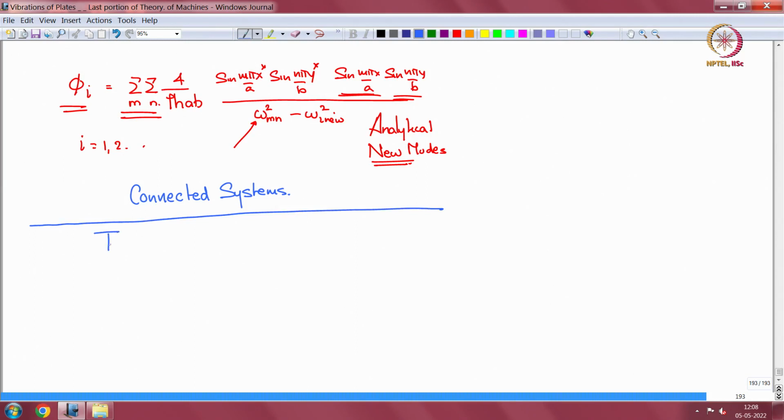There are two systems now, connected at 2 points.